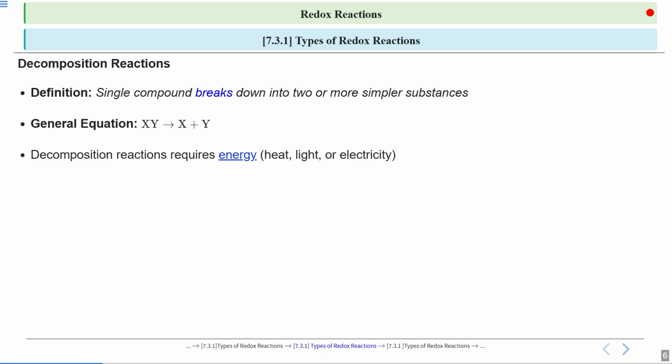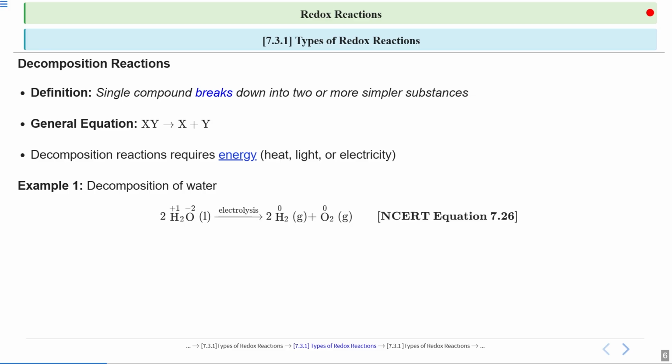Now, example 1 is the decomposition of water. If we look at the reaction, water breaks down into H2 plus O2. You will find that hydrogen in the reactant is existing in +1 oxidation state, while in the product it is existing in 0 oxidation state.